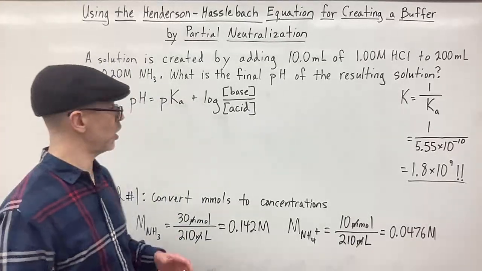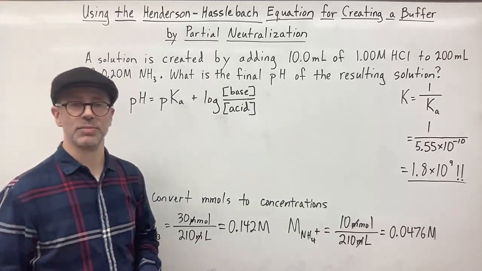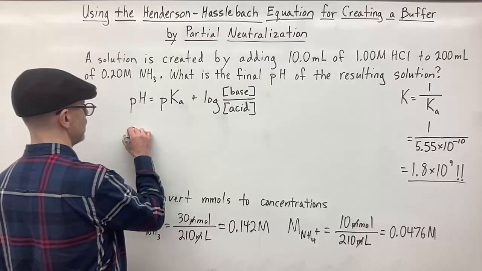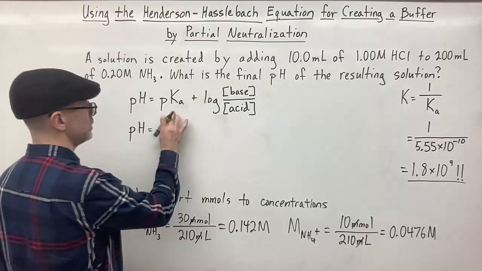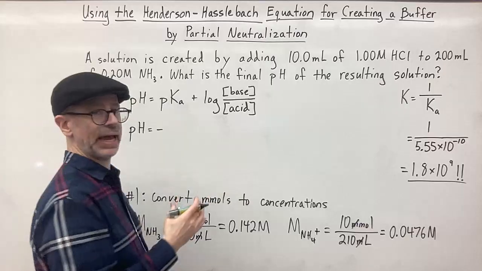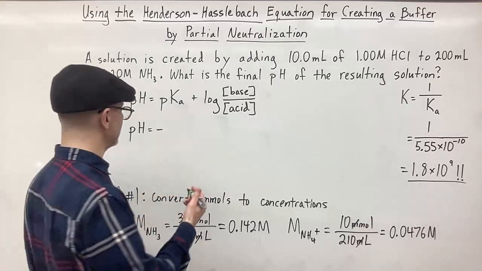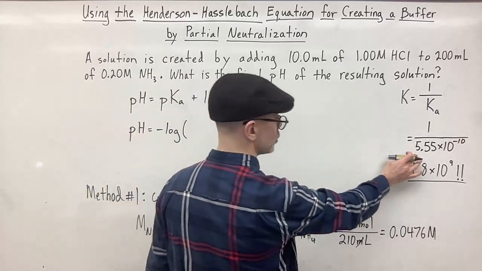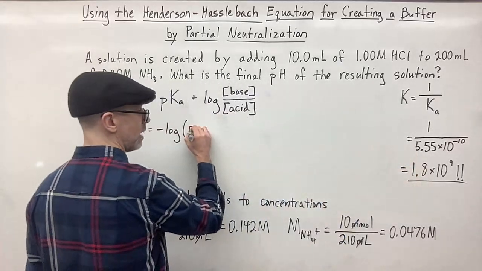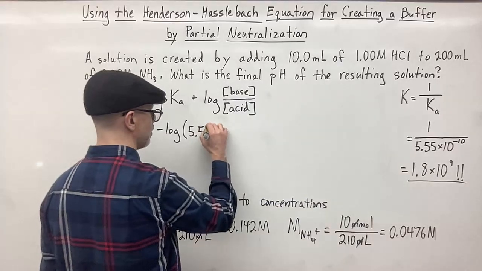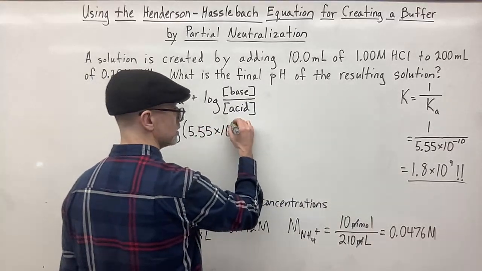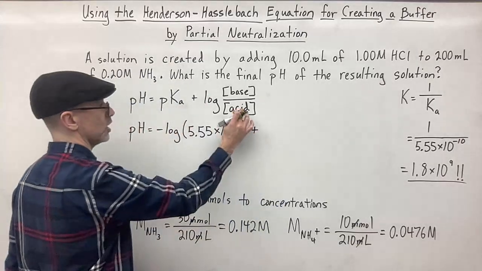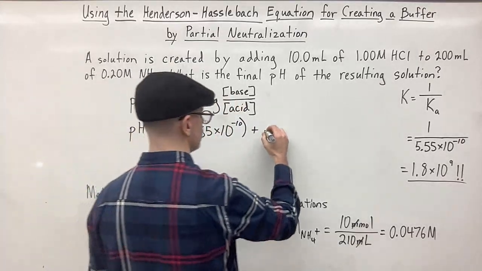Okay, so here I go. So here I have the Henderson-Hasselbalch equation. Now I go and plug everything in. So the pH is equal to the pKa, which again, pKa is the negative log of Ka. So negative log of the Ka value, which is right here. We calculated that before. 5.55 times 10 to the negative 10. And then we're going to add to that the log of the concentration of base over the acid.